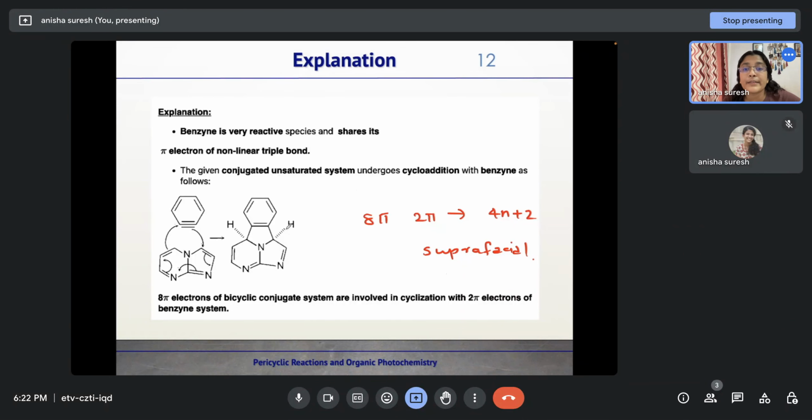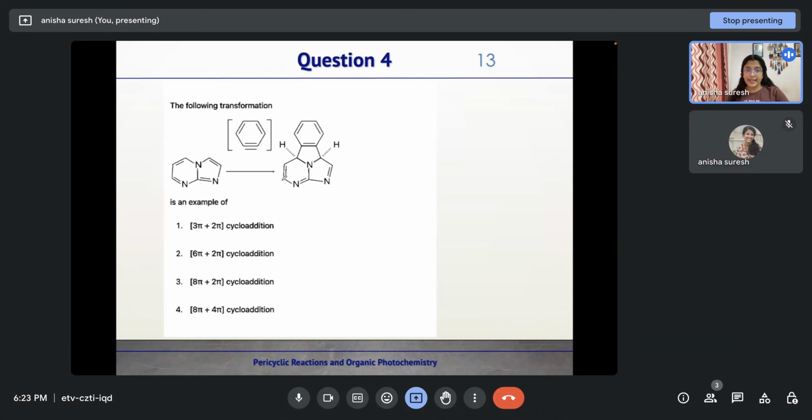Because of that, these two hydrogens are coming on the same side. 8 pi electrons of the bicyclic conjugated system are involved in cyclization with 2 pi electrons of the benzyne, and the stereochemistry of the hydrogens is determined by the suprafacial reaction of these two components. So the reaction is an 8 pi 2 pi cycloaddition. The correct option will be option number 3.